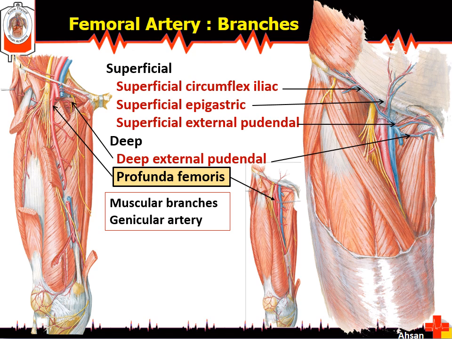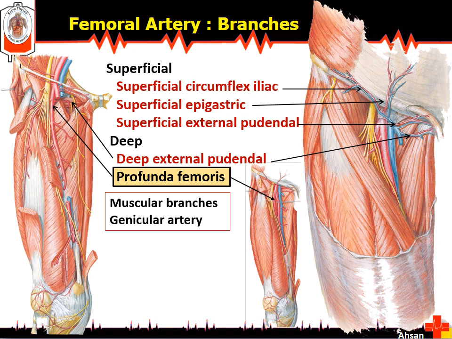So we can say the three important superficial branches are the superficial circumflex, superficial epigastric, and superficial external pudendal. The corresponding deep artery also arises from here, the deep external pudendal artery. And the most important artery is the profunda.